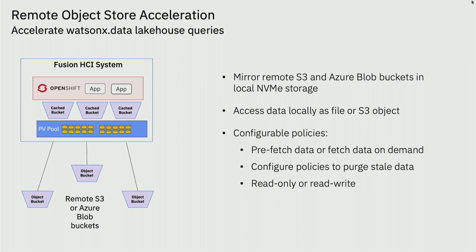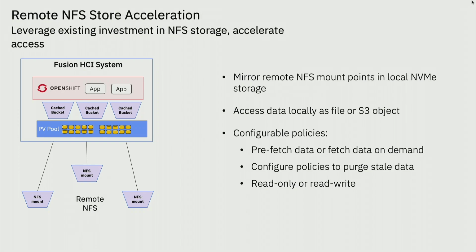So the acceleration will not be as great, but it will still be a little bit accelerated because now you don't get out of the OpenShift cluster, you serve the data from inside the OpenShift cluster. We have done the same work for any NFS mount. So you can place Fusion between your app and an NFS mount. And when you're asking for data from the NFS mount, we serve it from the NVMe drives.